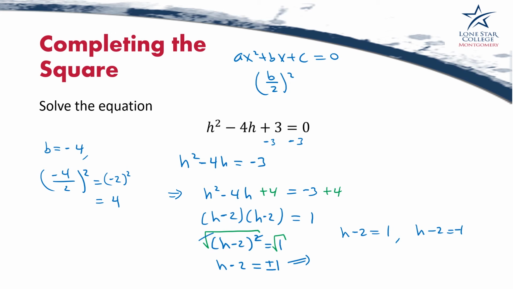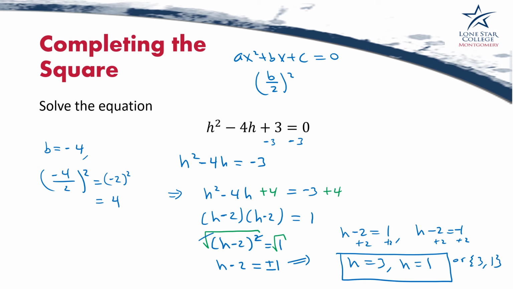So solve them. Add 2, add 2, and do the same thing over here. So h is equal to 3, and h is equal to 1. Those are our answers, or we can write this as 3, 1 as our solution set.